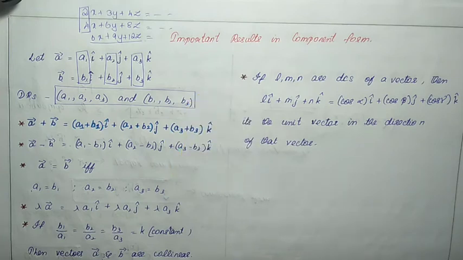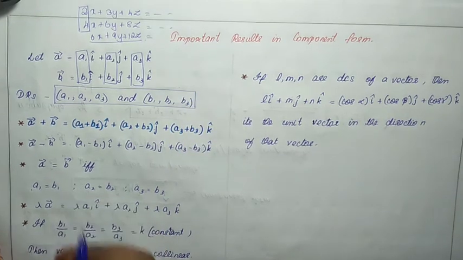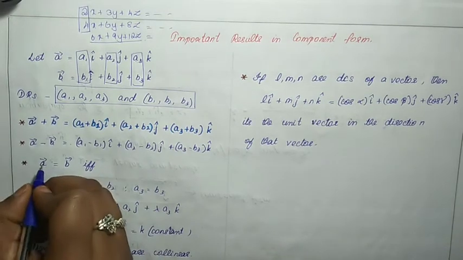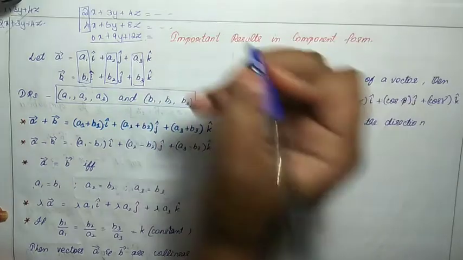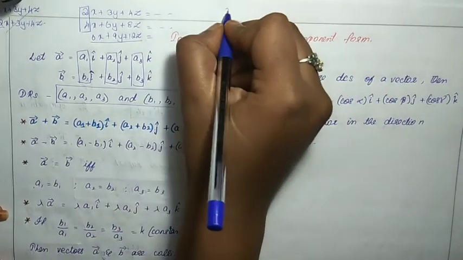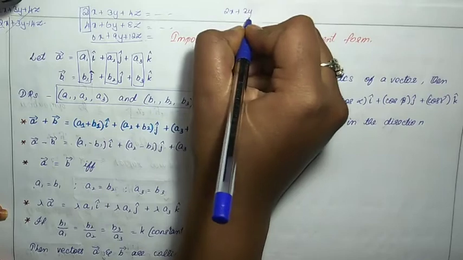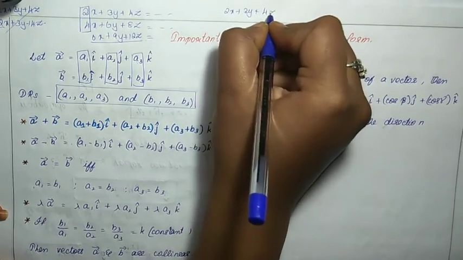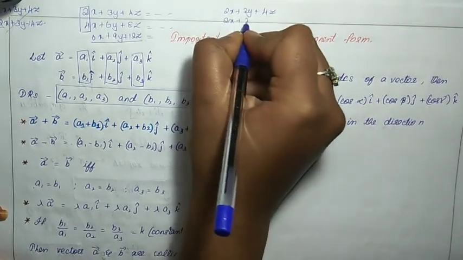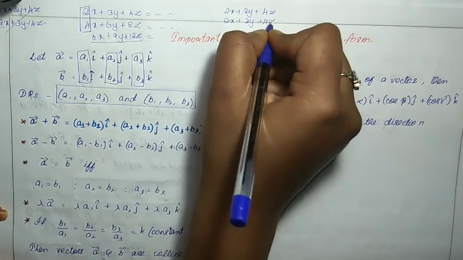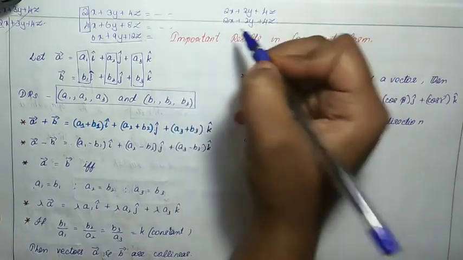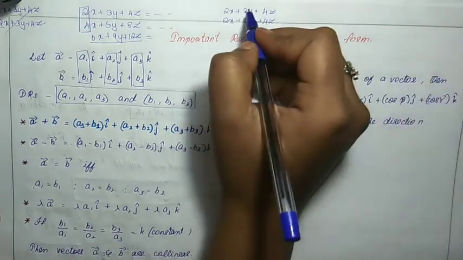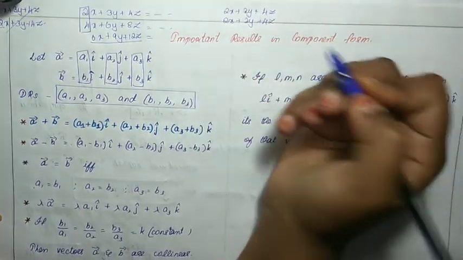Now, I'm saying that a vector and b vector are equal. Then what should it be? So what if I say 2x plus 3y plus 4z equals 2x plus 3y plus 4z? Yes, so I have to check, right? Is 2x and 2x equal? Yeah, it's right. 3y equals 3y.